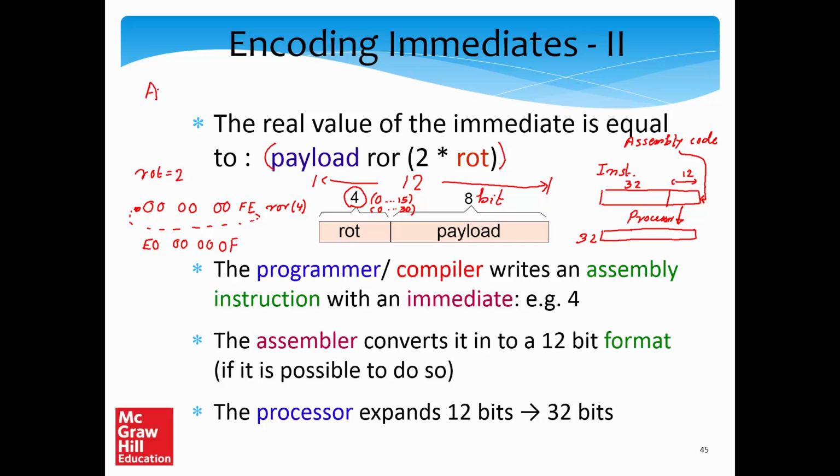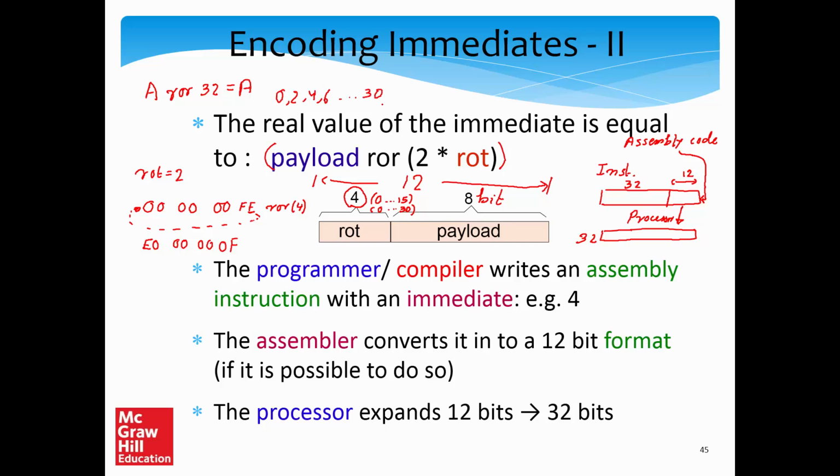So any 32-bit number right rotated by 32 positions is equal to the number itself. So 32 is a limit, but what the ARM format says is that it allows you to specify 8 bits and further a right rotation by any number in the range 0, 2, 4, 6, just even numbers till 30.